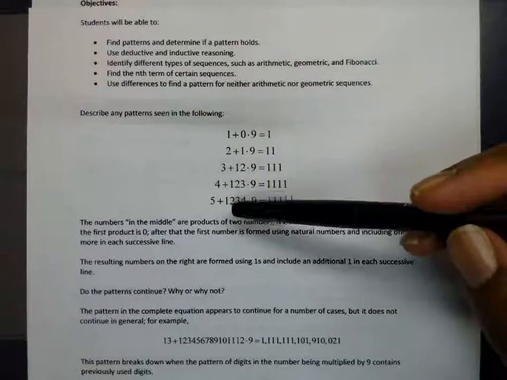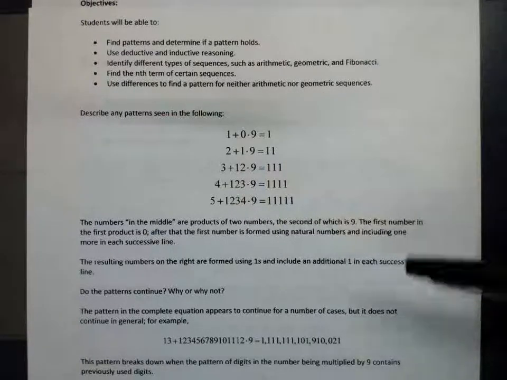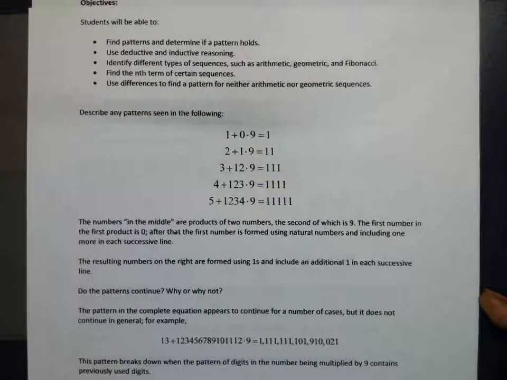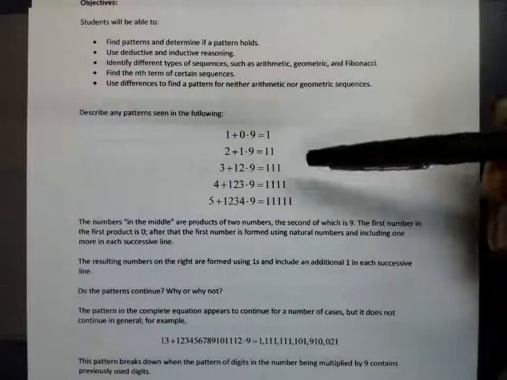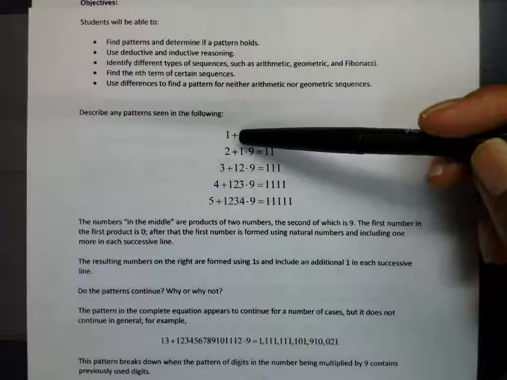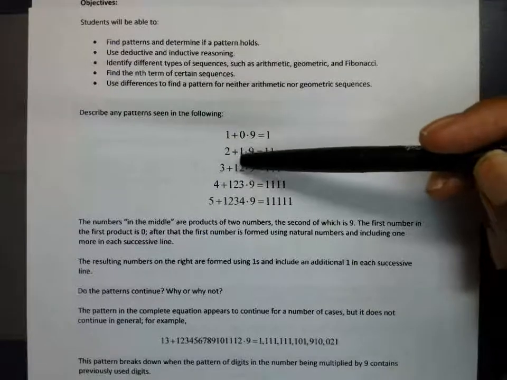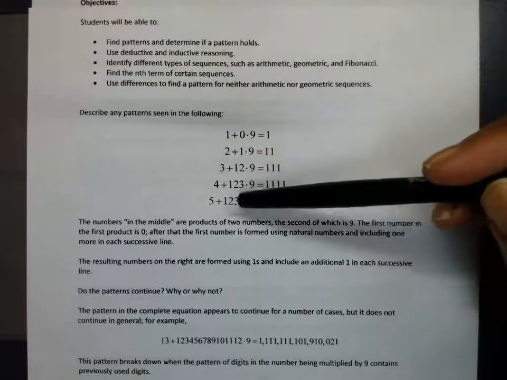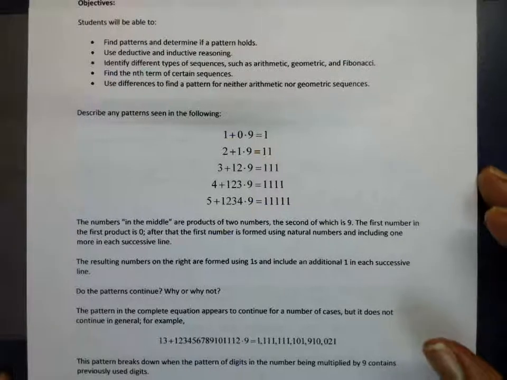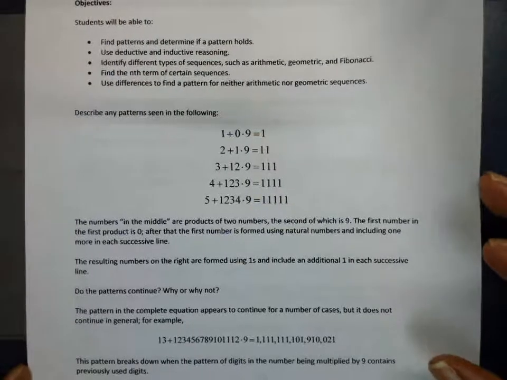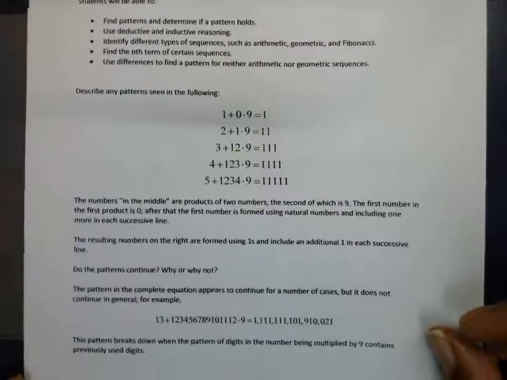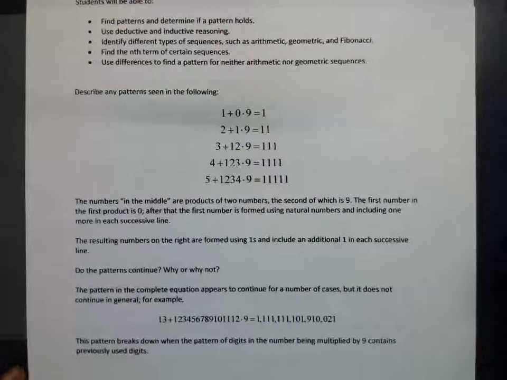After that, the first number is formed using natural numbers and including one more in each successive line. Starts at 0, then 1, then 1, 2, 1, 2, 3, and then 1, 2, 3, 4. So the resulting numbers on the right are formed using ones and including an additional one in each successive line.